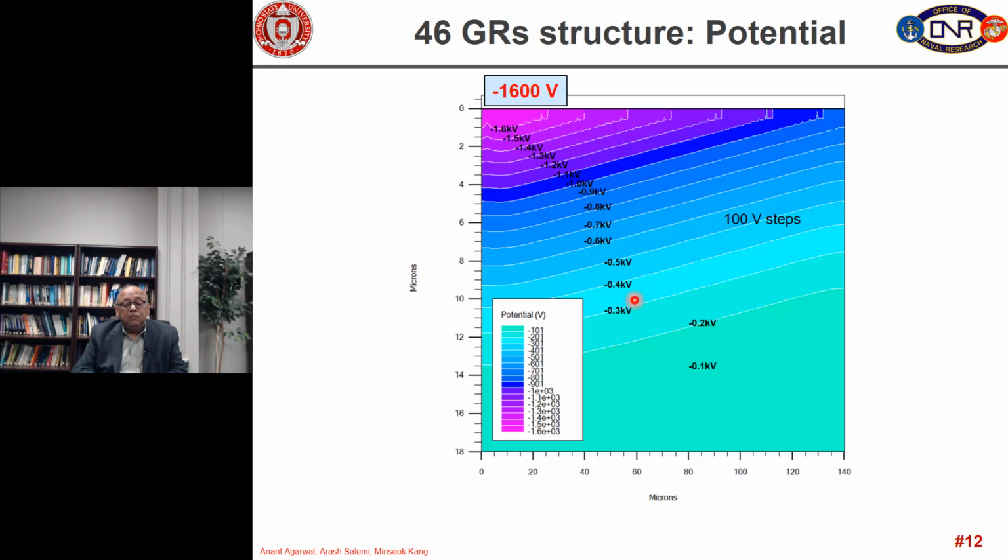And the spacing between the potential contour lines gives you the idea of the electric field, because the closer the potential lines are, the higher is the electric field, because electric field is a spatial gradient of the potential. So everything looks nice, and you can see that the guard rings are progressively taking the potential. The first guard ring is 1.6 kV, 1.5 kV, and so on.